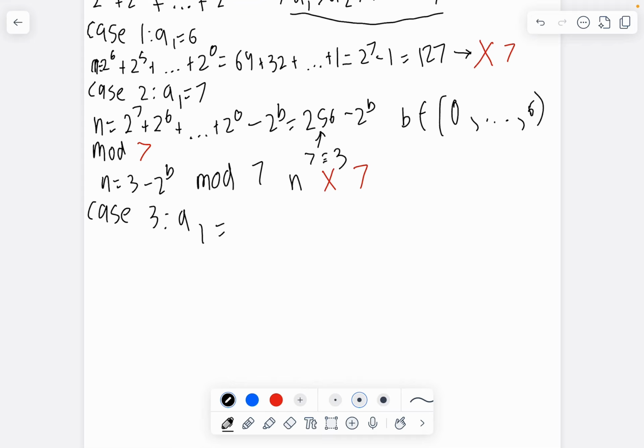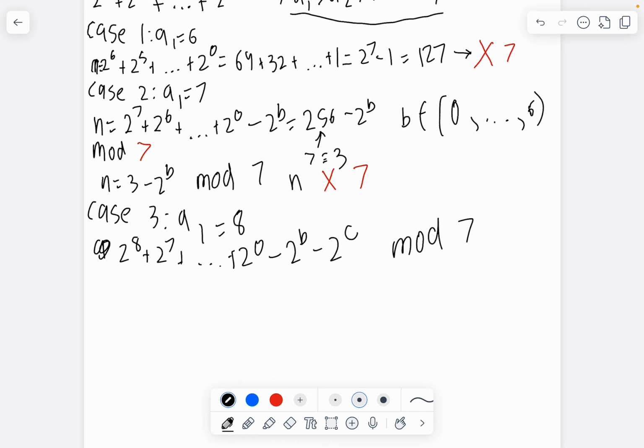So now, on to case 3, where a1 is equal to 8. We get our answer as 2^8 plus 2^7, all the way until 2^0, minus 2^b, minus 2^c, because we've added 2 extra digits than what should be there. So we have to compute this in mod 7.